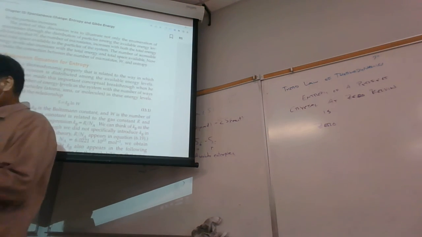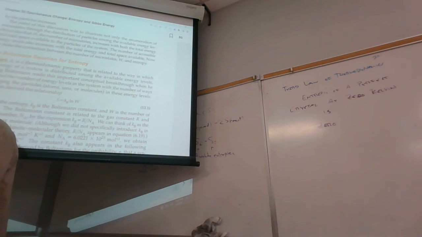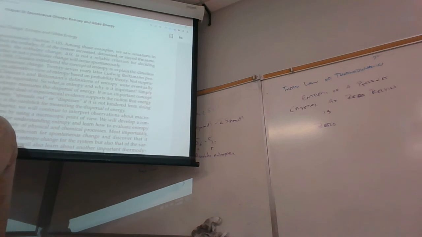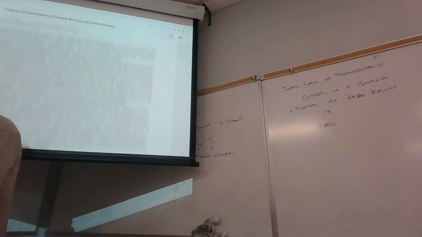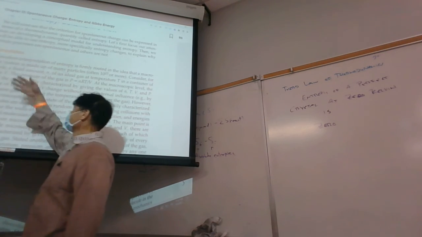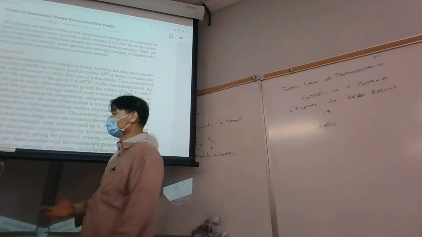But all of a sudden, when you introduce more ways of arranging things, then the entropy is going to go up. And so one way of figuring out what the entropy is, is just to calculate the number of ways of arranging things. Each way is called a microstate. So it's the number of microstates for a given system.